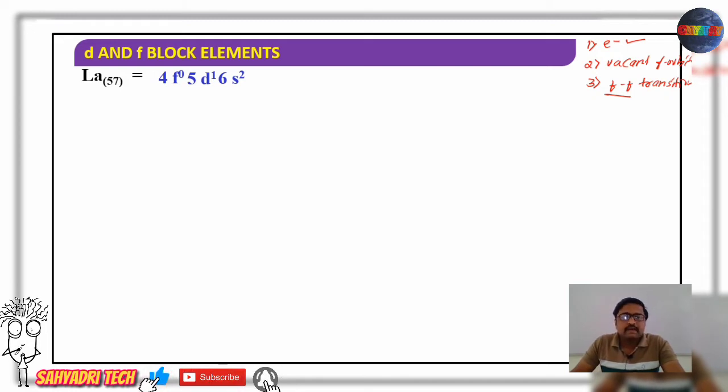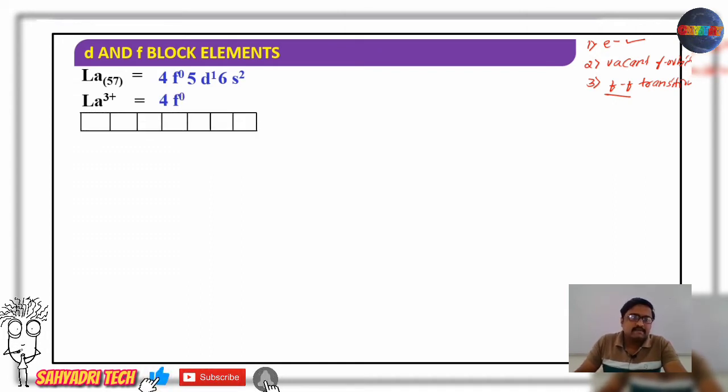Now say for example lanthanum, outer electron configuration 4f0 5d1 6s2. If I consider lanthanum 3+, it means those 3 electrons were lost, so 4f0 5d0 6s0. 4f0 means there is no electron in the f subshell.